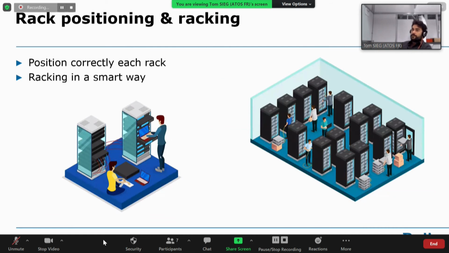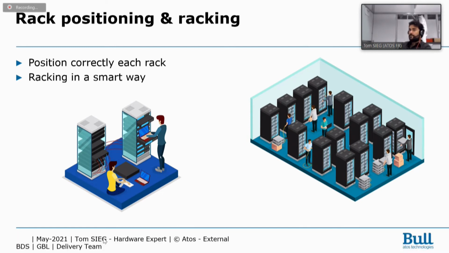The second part, you will be in the data center and you will install a rack and install servers into the rack itself. You have to position the racks correctly, so they are well aligned with each other and respect the space, the place itself.